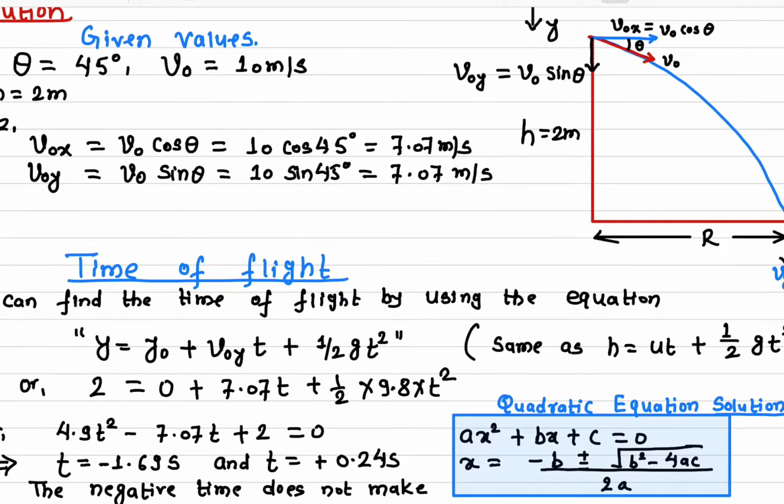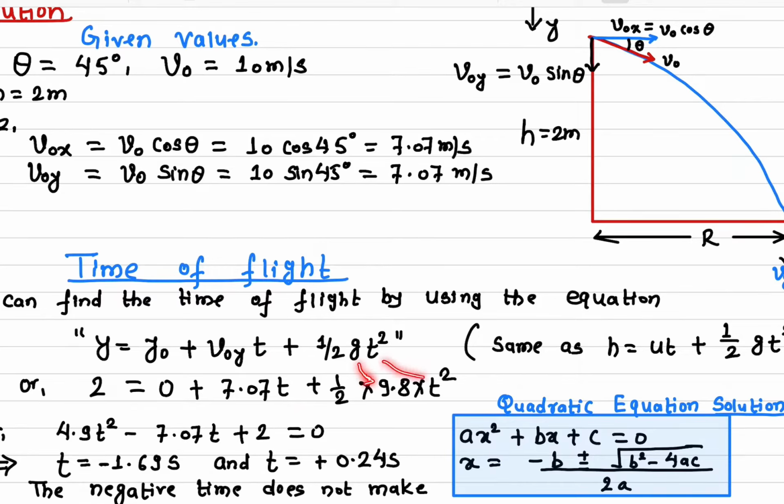When we have chosen this as the origin, the final height would be 2 meters, because the particle is moving in the downward direction. So this is our final height, 2 meters, and the initial height, which is at this point, will be 0. The initial vertical velocity is 7.07, and we need to find the time.